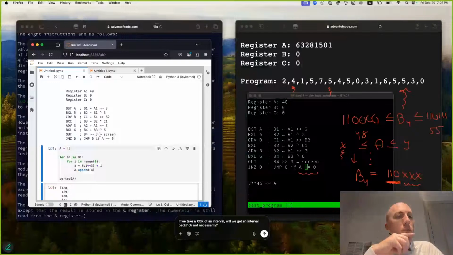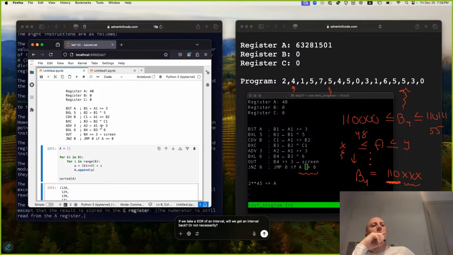Well, what's the minimal thing? No, we do need to keep crunching down. B is equal to this. Confused how we do this.